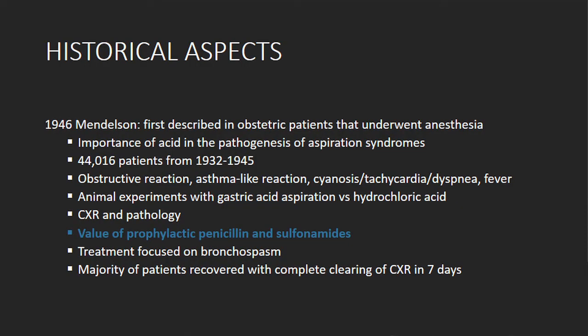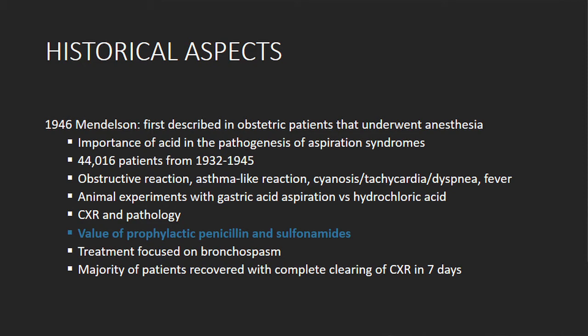So some of the historical aspects that we should know, and where do we base our data on whether we should give antibiotics or not? The first study was described in 1946, by a doctor who studied aspiration in obstetric patients that underwent anesthesia. And he was the first one to describe the importance of acid in the pathogenesis of aspiration.